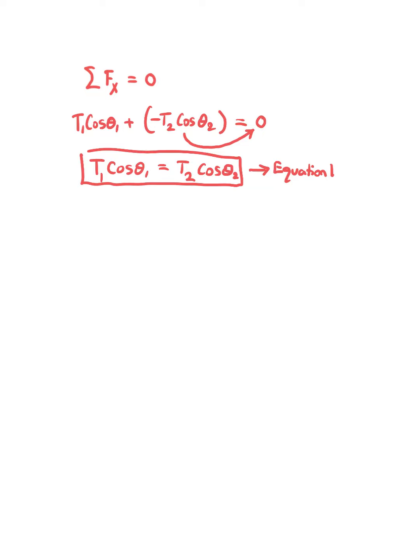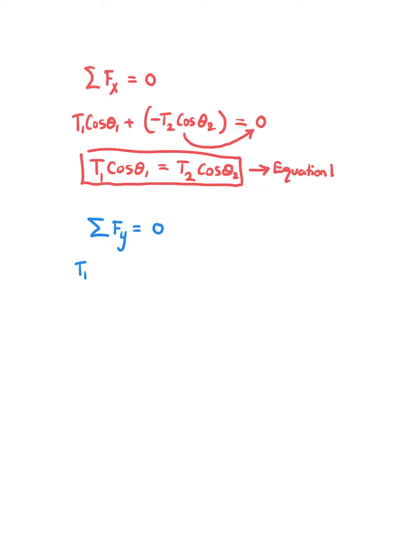So the y degree of freedom will also give me an equation. So I'll have the summation of forces in the y direction is equal to 0. Since the chandelier isn't falling, the acceleration in the y direction should be 0. So the sum of all the forces should be 0 in that direction.